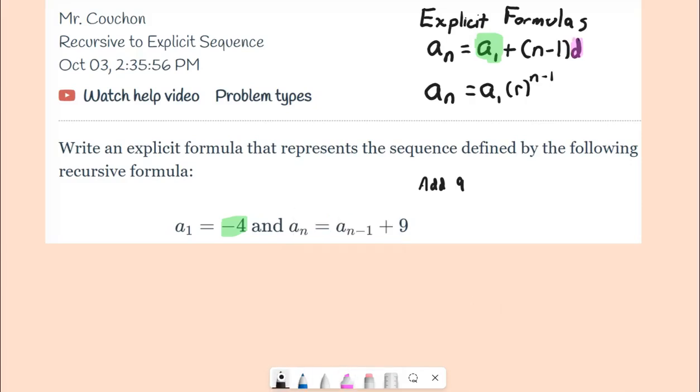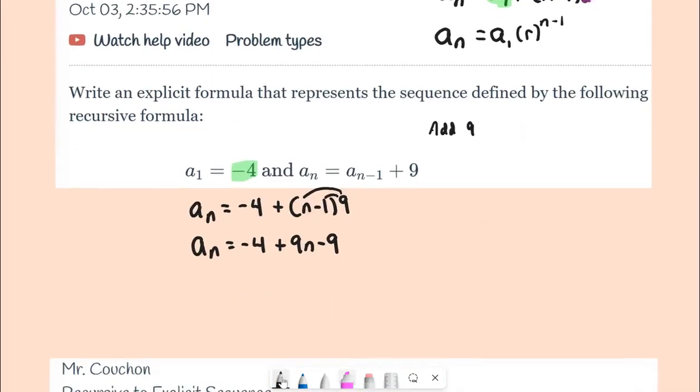So let's just plug these into the formula and simplify. So we got A sub n equals -4 plus n minus 1 times 9. Let's go ahead and distribute that. So we'll have A sub n now equals -4 plus 9n minus 9.